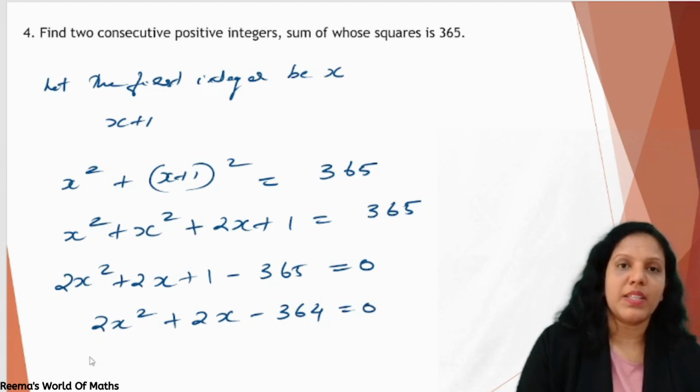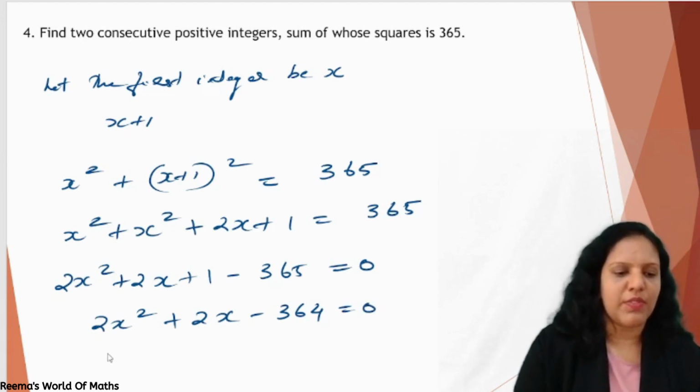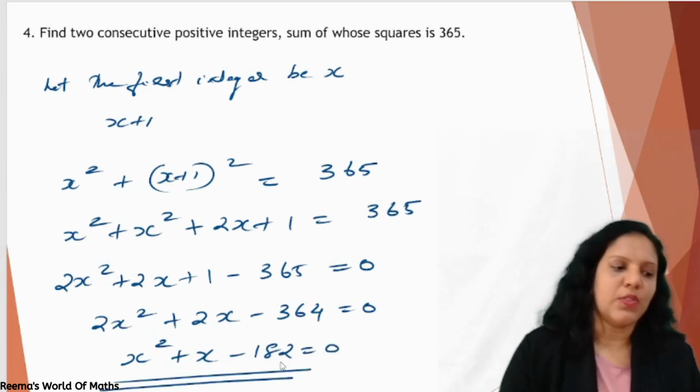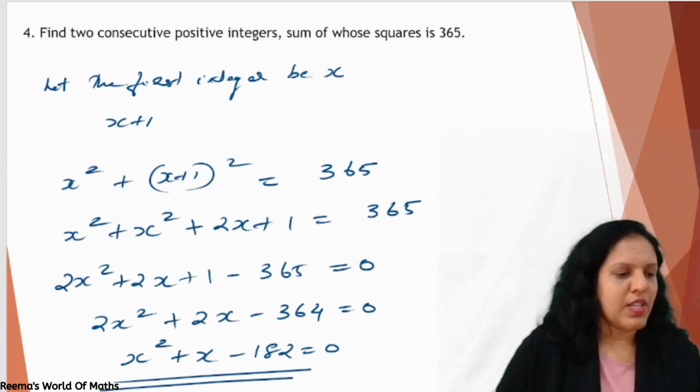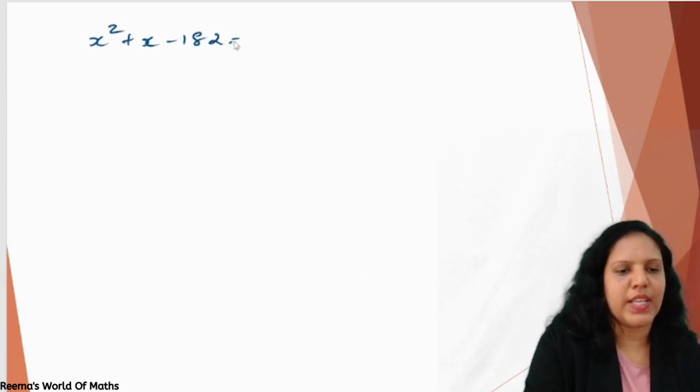We can divide this by 2 because 2 is common in all the three terms. So that will be x squared plus x minus 182 equals 0. This is a quadratic equation. Now let's find the roots of this equation. So that is x squared plus x minus 182 equals 0.